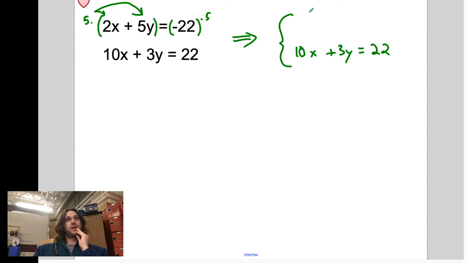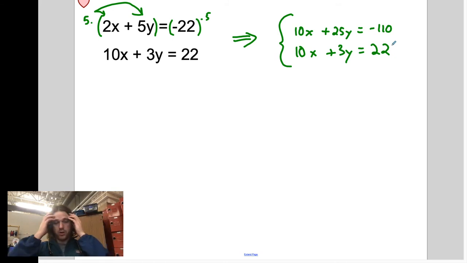And so what that does is we've treated both sides equally, so it still represents the same equation. So this will be 5 times 2 is 10x. This will be 5 times 5 is plus 25y equals negative 22 times 5. Well, 5 times 20 is 100, and 5 times 2 is 10. Add those together, negative 110. So yeah, so now we could subtract and go forward.